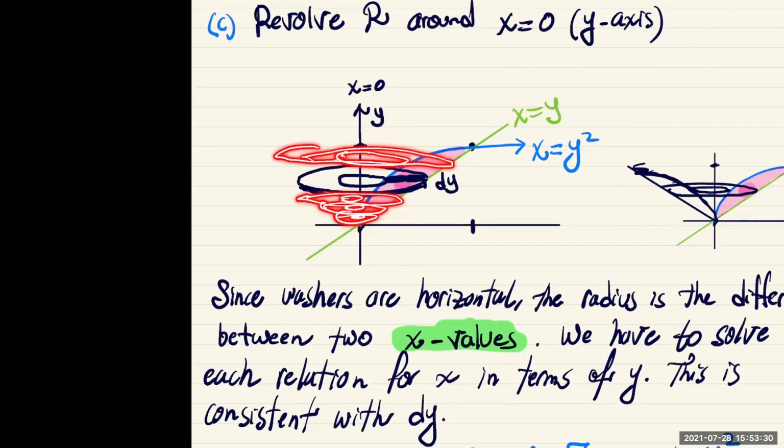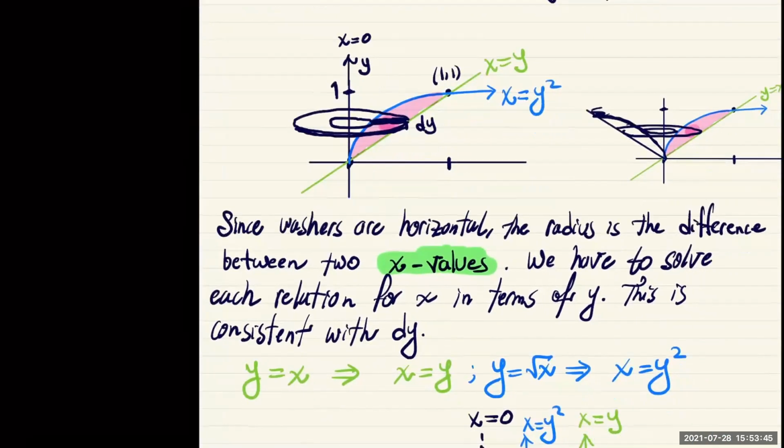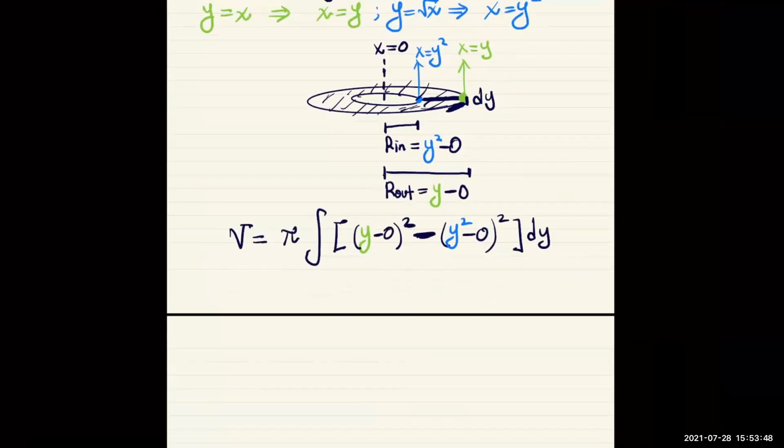These washers go from y equal to 0, and they end at this y where y here is 1. This point is (1, 1). So this integration is also ranging from 0 to 1 for y. But these are y values, guys. This is y starting at 0 and ending with y at 1.